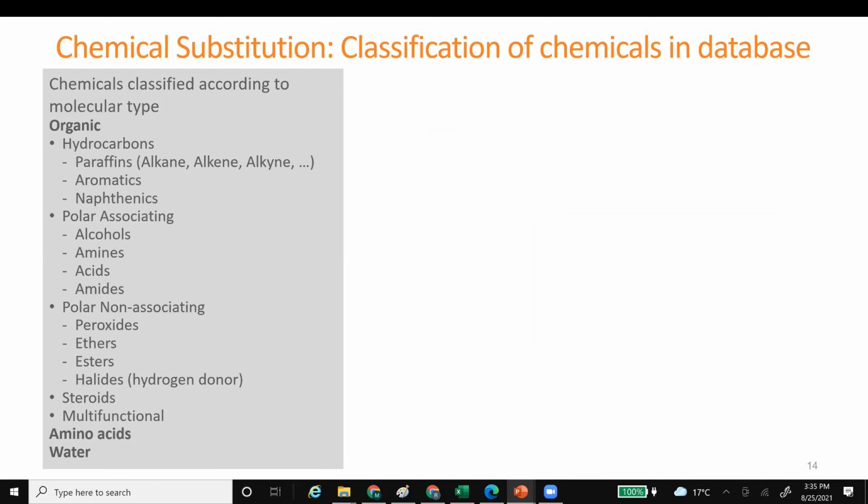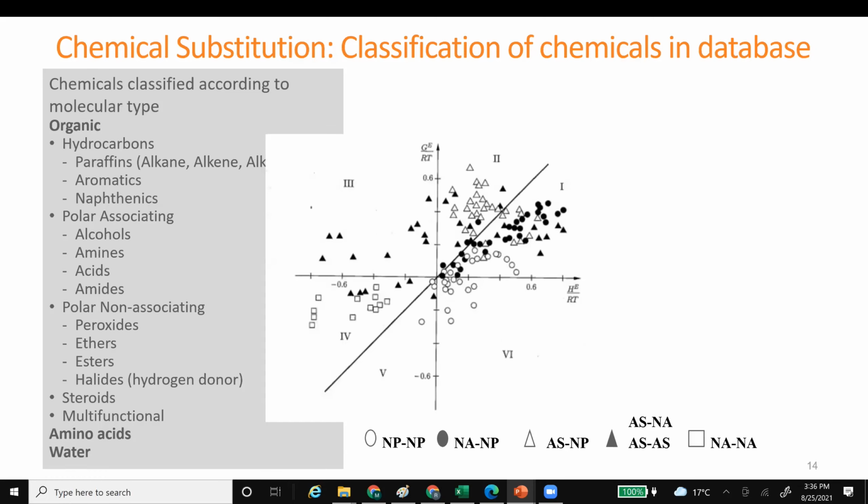I also talked about the different classification in terms of molecular structure. This is very useful because hydrocarbons are non-polar, and then we have polar associating and polar non-associating compounds. NP is non-polar, AS is associating and NA is non-associating.